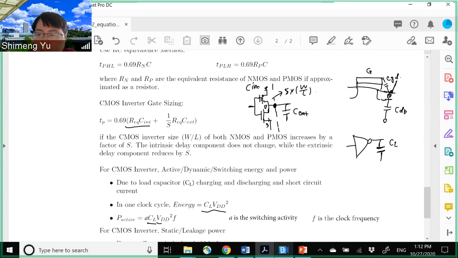But this node capacitance can actually be decomposed into C intrinsic plus C extrinsic. Part of that is coming from this inverter itself, and part of that is coming from maybe the next stage, or the wire may have parasitic capacitance. So you have two parts contributing to this CL.